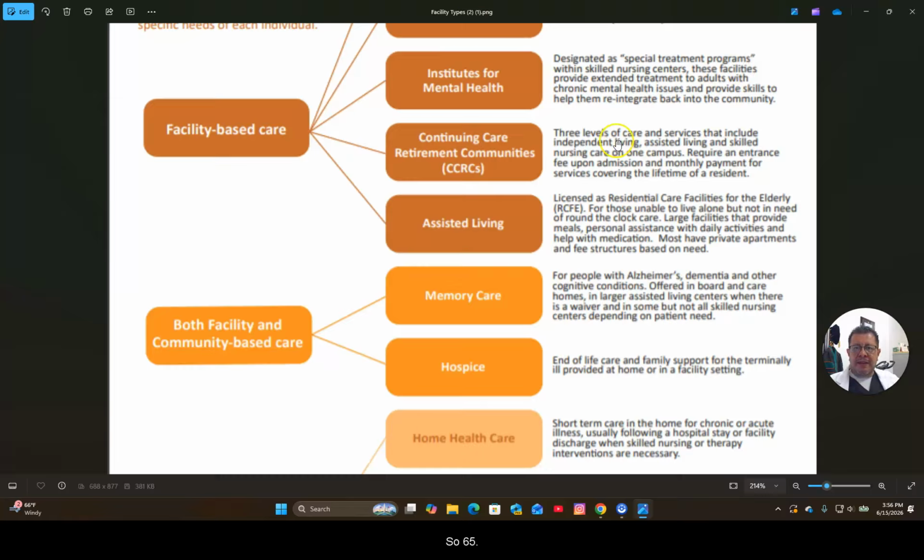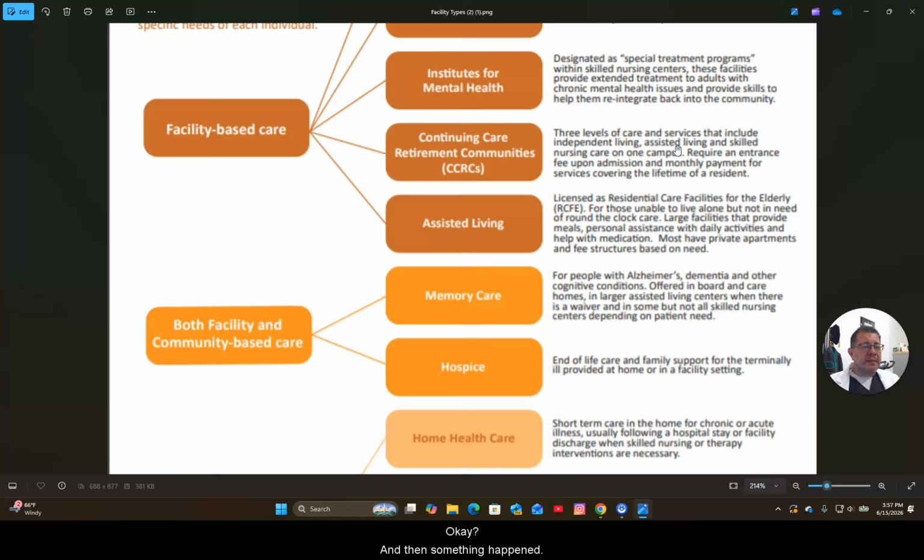Okay. So 65. And then suddenly, within 10 years, by the time you're 75, you need a little bit of help because you keep forgetting to take your medicine and you're getting a little depressed for whatever reason. And so now you're in the assisted living area of this CCRC. Okay.